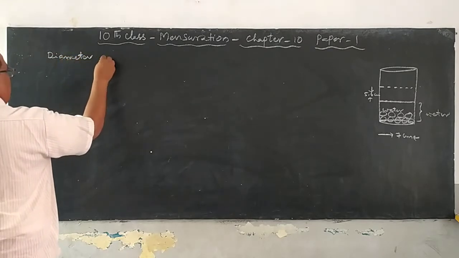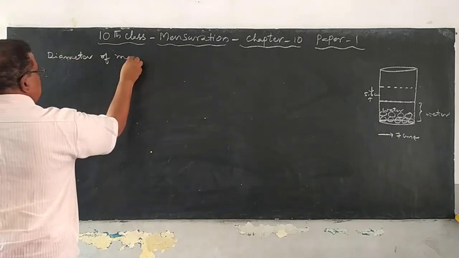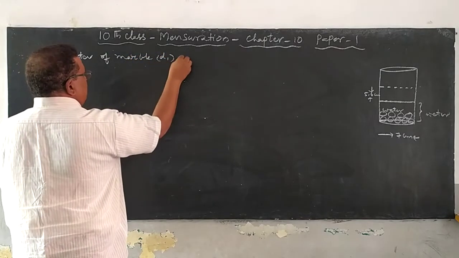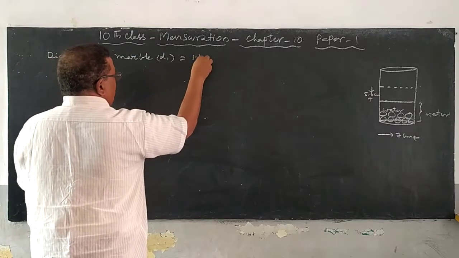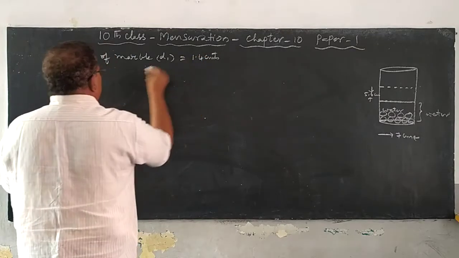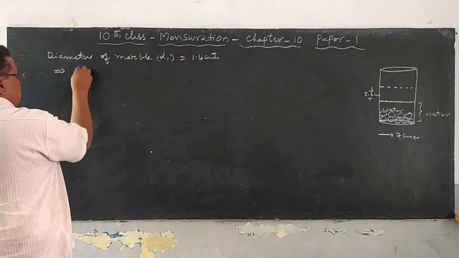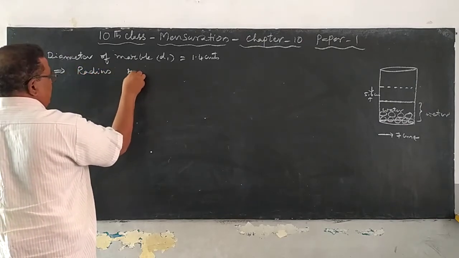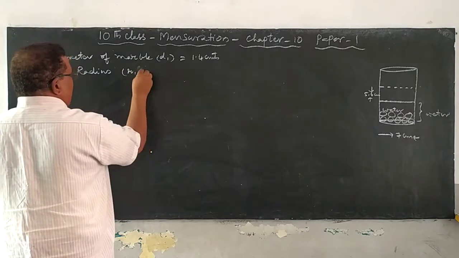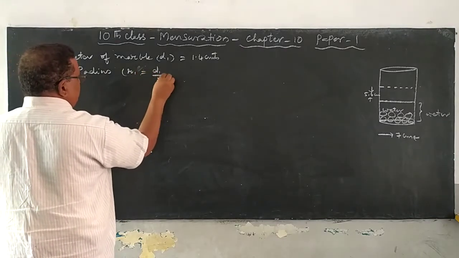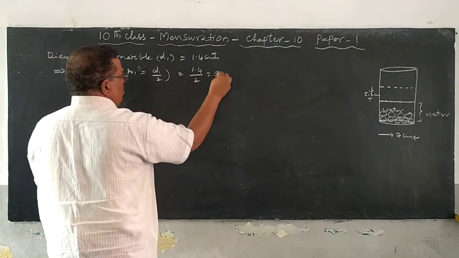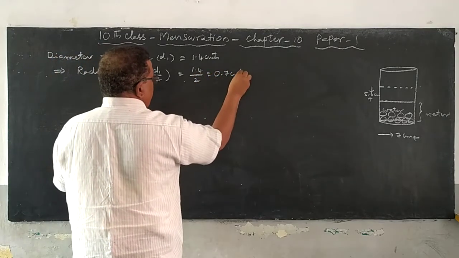Diameter of marble is D1, 1.4 centimeters, which implies its radius R1 is equal to D1 by 2, that is 1.4 by 2, 0.7 centimeters, children.